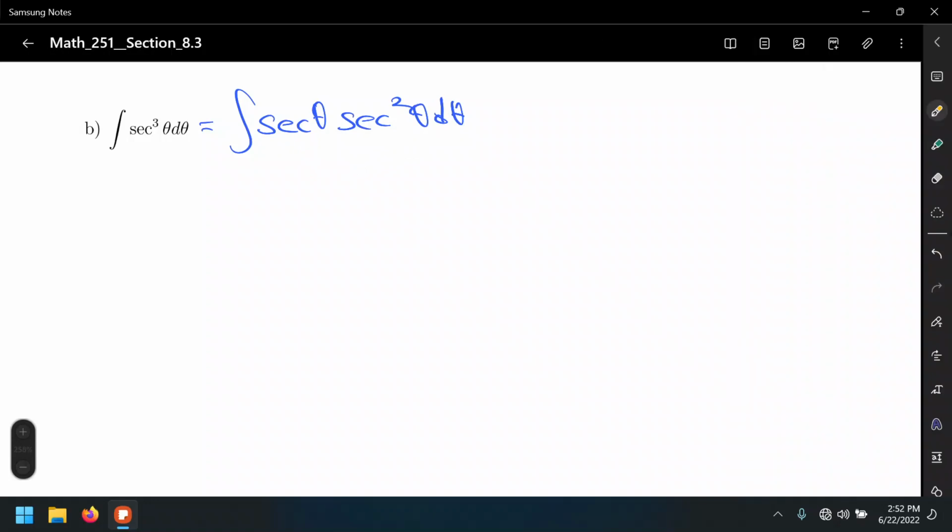Otherwise, of course, you can integrate the secant, but I think that's ln of secant plus tangent, that gets more complicated. So in this case, u equals secant, du is secant tangent, and the dv will be secant squared, and v will be tangent.